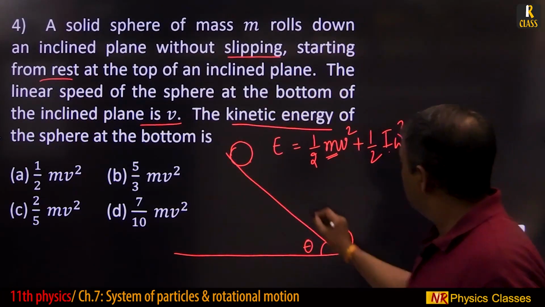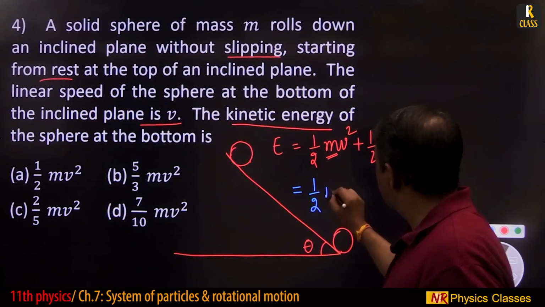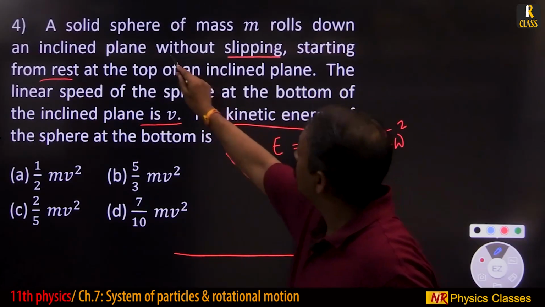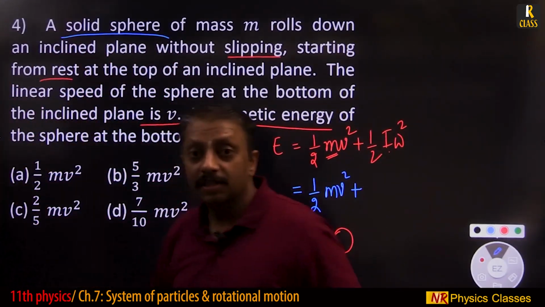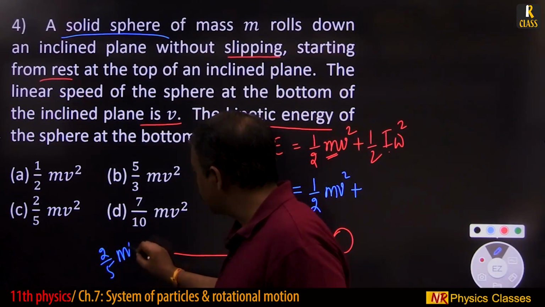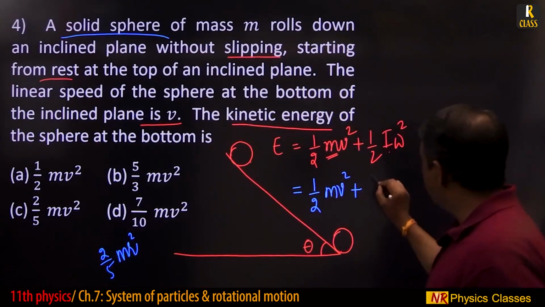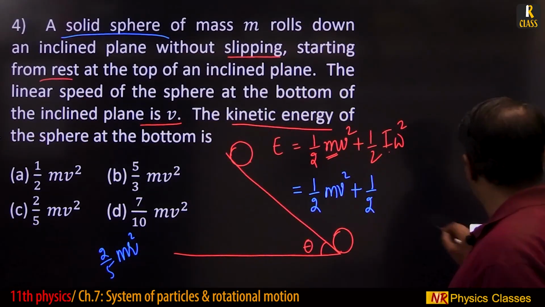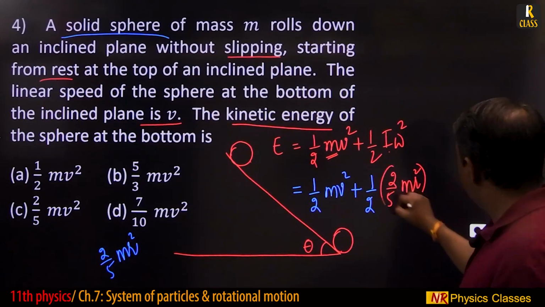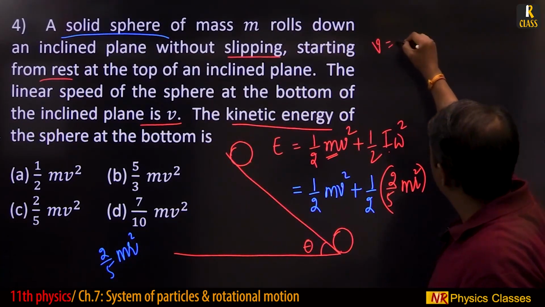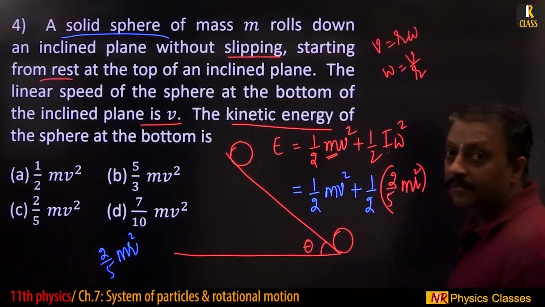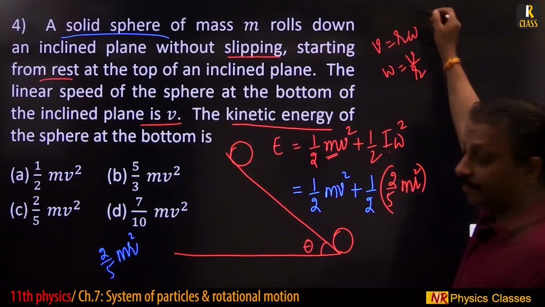Now, the moment of inertia of this sphere: it is a solid sphere. The moment of inertia of a solid sphere is 2 by 5 mr square. So I is 2 by 5 mr square, into omega square. V equal to r omega, therefore omega equal to V by r, linear velocity and angular velocity.